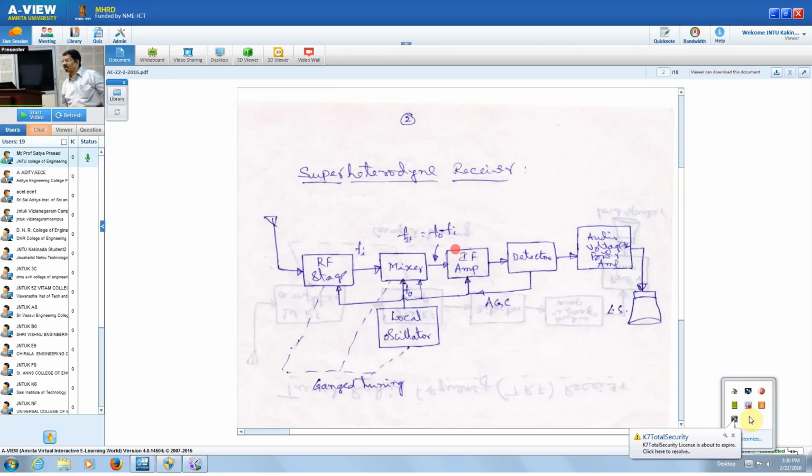What is that? Suppose if here we are going to have this Fi, and Fs, the image frequency passes to the mixer.